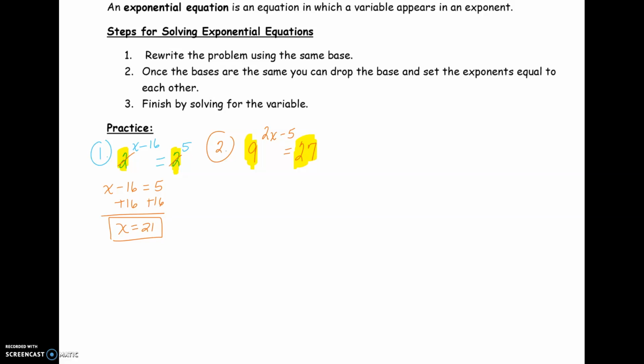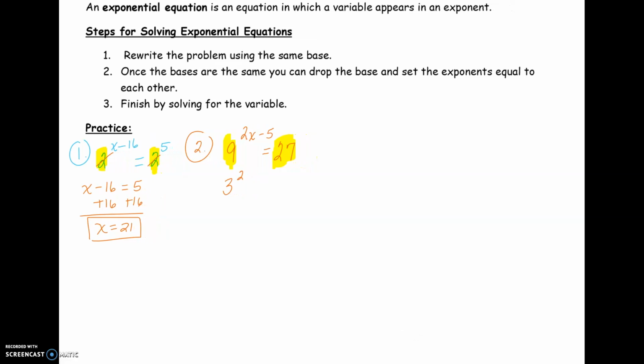For example, we know that 3 times 3 is 9, so we can write this as 3 to the 2nd power. And that's great, but when we do that, we also have to continue to have the exponent that was already there with it. So we have 3 to the 2nd power has replaced 9, but we still have the 2x minus 5 there.